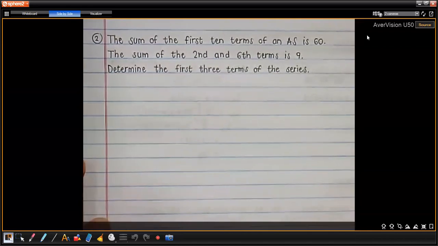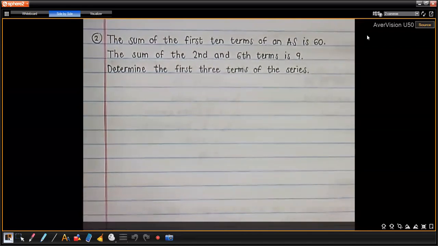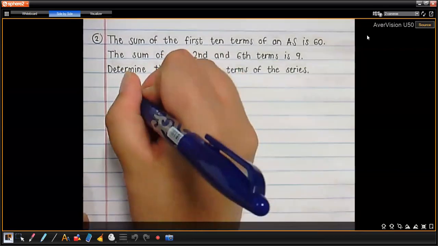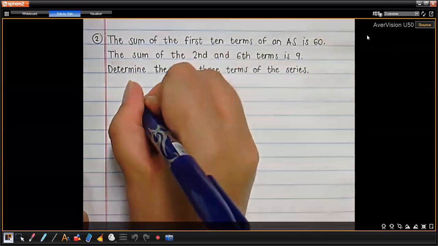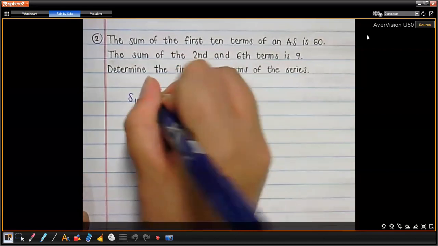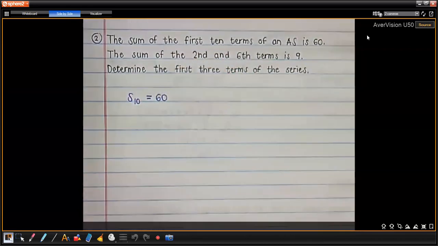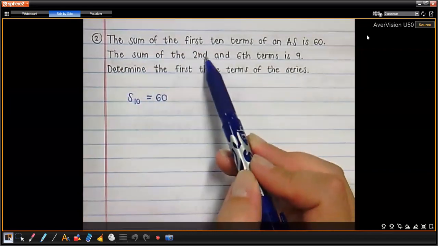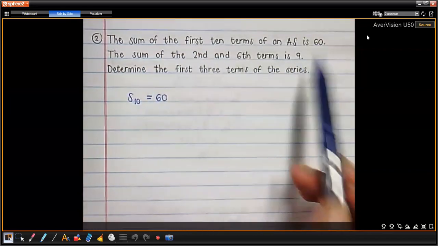Ready? They're saying the sum of the first 10 terms of an arithmetic series is 60. Okay, so let's rewrite that in mathematical notation. The sum of the first 10 is 60. Then they're also telling us that the sum of the second and sixth terms is 9.